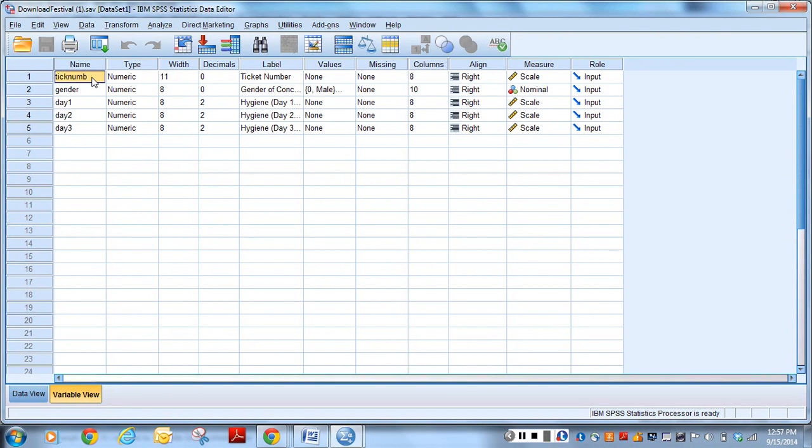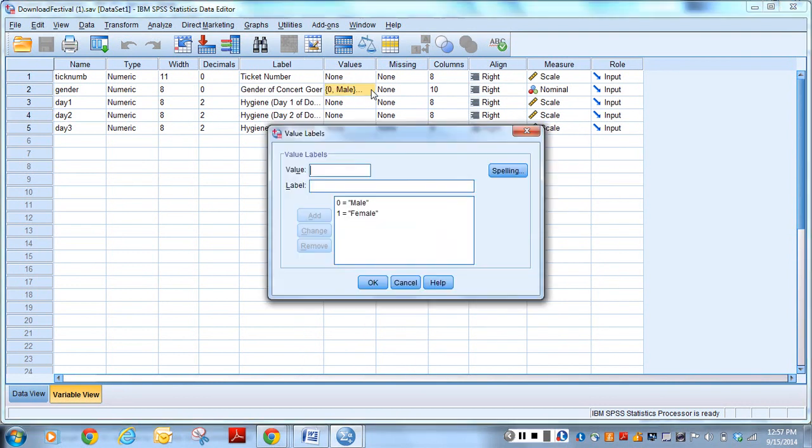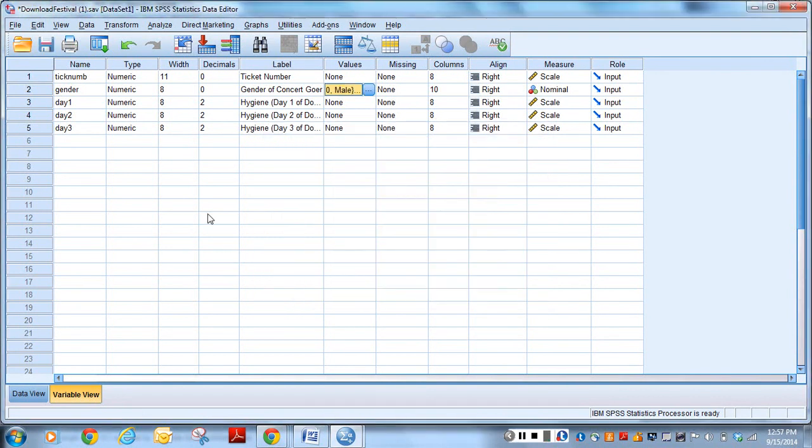So again, this is each participant's ticket number, gender of concert goers, and this is how our gender variable is labeled. 0 denotes male and 1 denotes female.